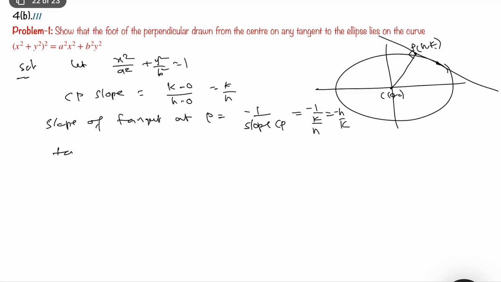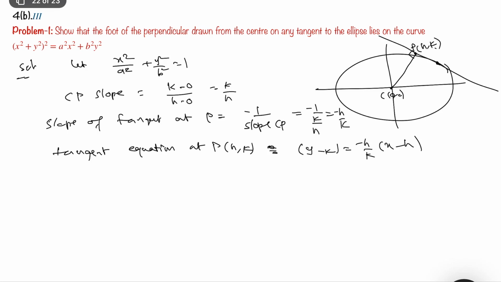So, what should be the tangent equation? The tangent equation at point P will be a line passing through h comma k having the slope minus h by k. That will be y minus k equals minus h by k times (x minus h).